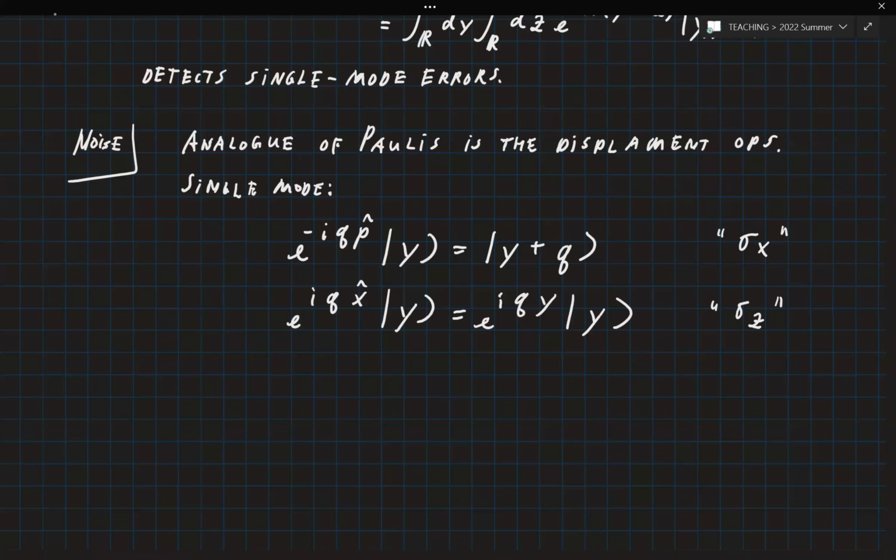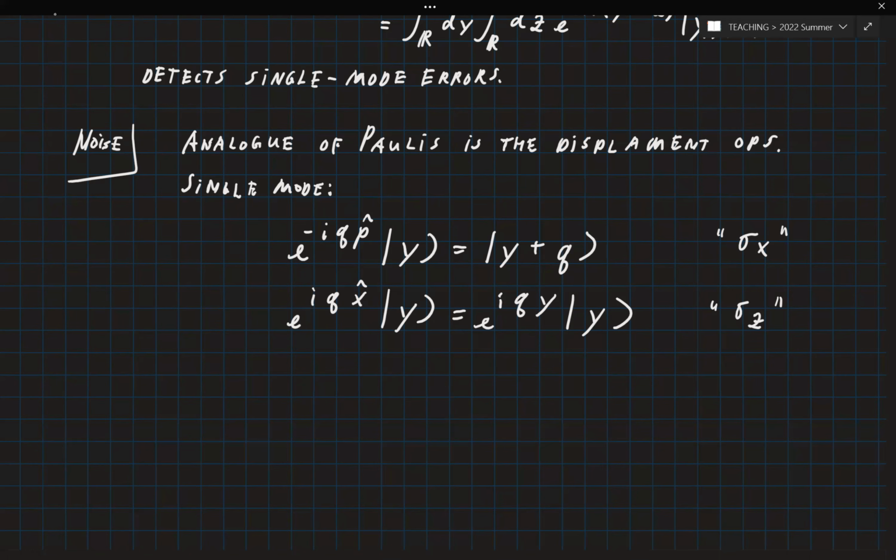So position shifts are not diagonal, are extremely off diagonal in the position basis, and momentum shifts are very much diagonal in the position basis. If you look at things in the dual momentum state picture, then position shifts are diagonal in the momentum state basis, and the momentum shifts are very much off diagonal in the momentum state basis.